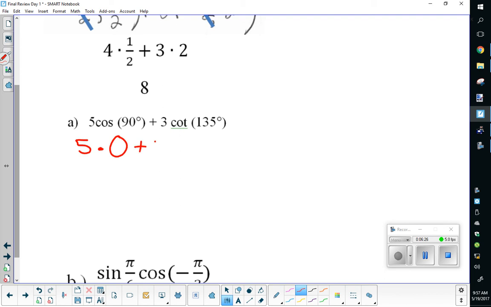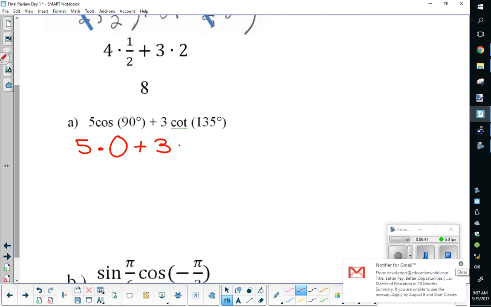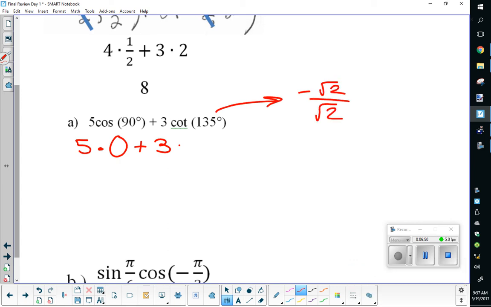Plus 3 times cotangent at 135. Cotangent at 135, that's right here, 135. Cotangent is x over y. No, you're right. X over y. So if I wrote x over y there at 135, it's negative radical 2 over radical 2. That's x over y.